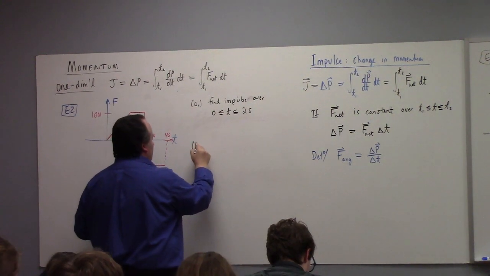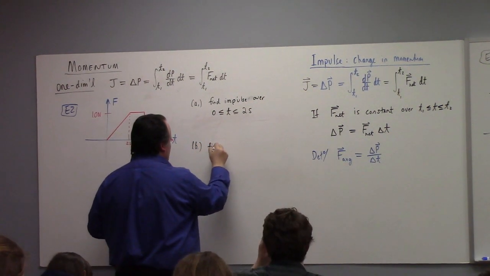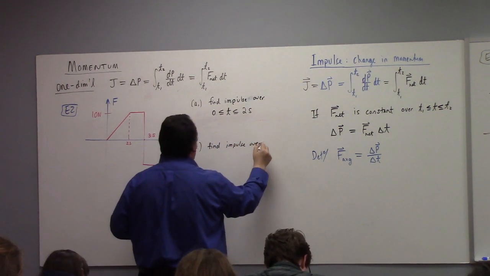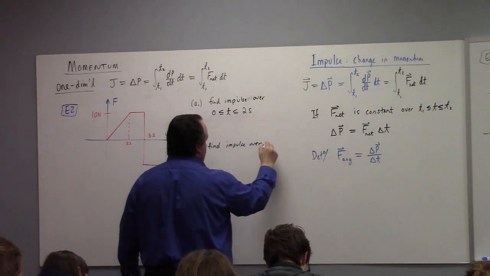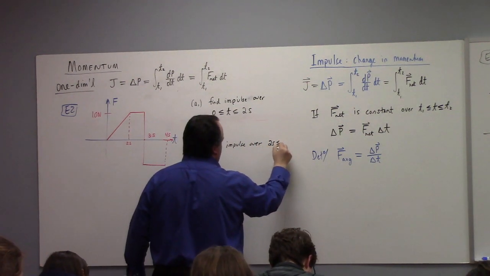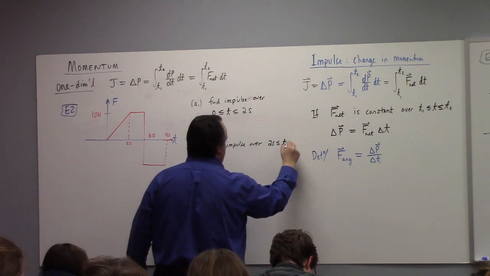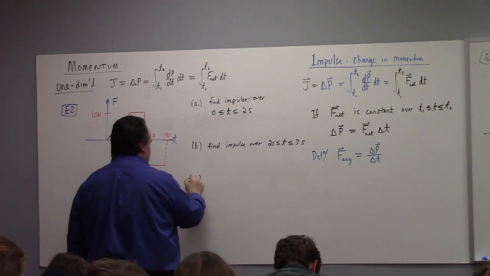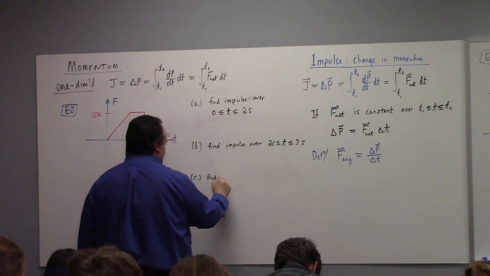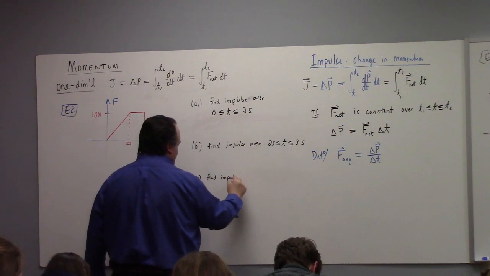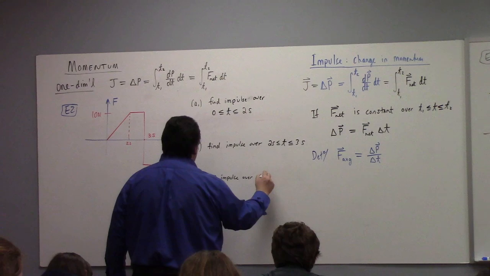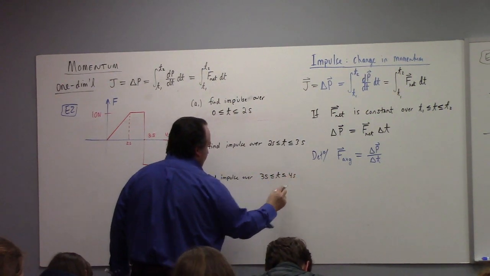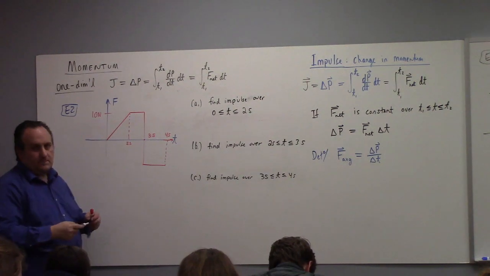So B, find the impulse over, let's say, 2 seconds less than or equal to t less than or equal to 3 seconds. And then part C, find the impulse over, let's say, 3 seconds to 4 seconds.